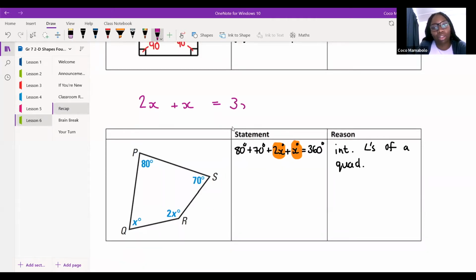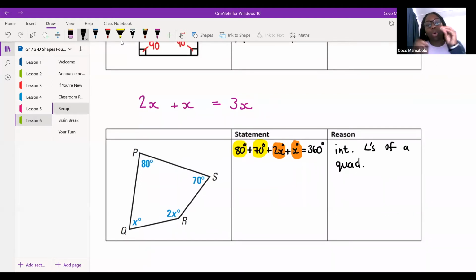So I must add 3x at the end. But we're not done. We still have to add 80 degrees plus 70 degrees. Can you tell me in the chat, how much is 80 degrees plus 70 degrees? Well done. Exactly. It's 150 degrees.